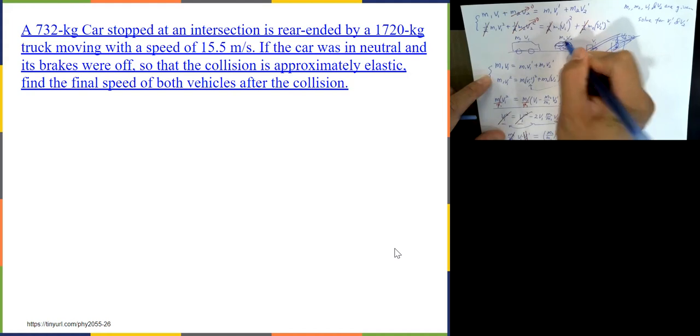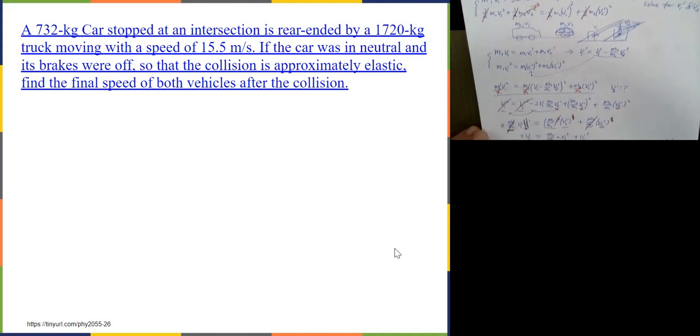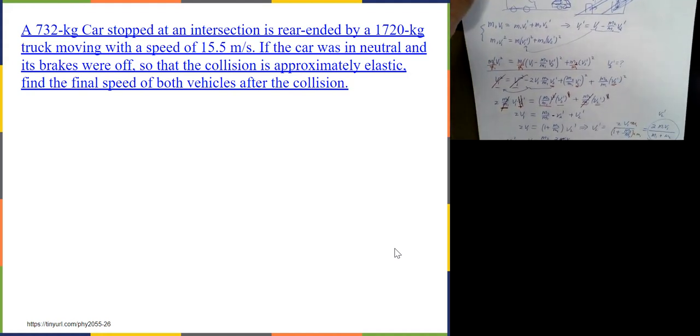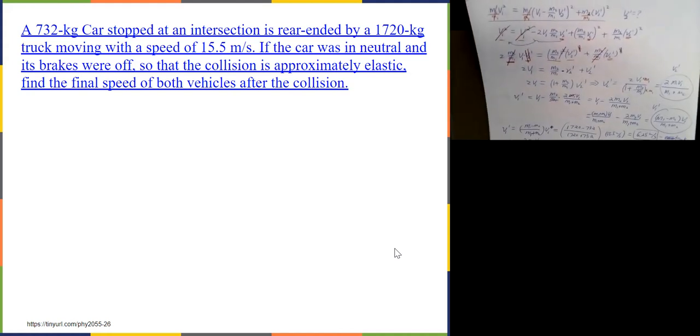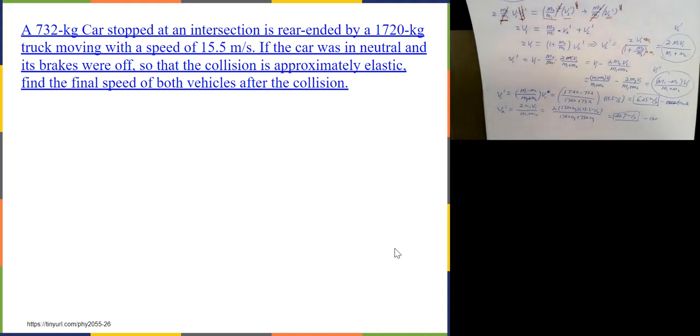This is M2 and V2. Then solve for V1 prime and V2 prime algebraically, then plug in the numbers at the end. All right. Any questions you guys might have?